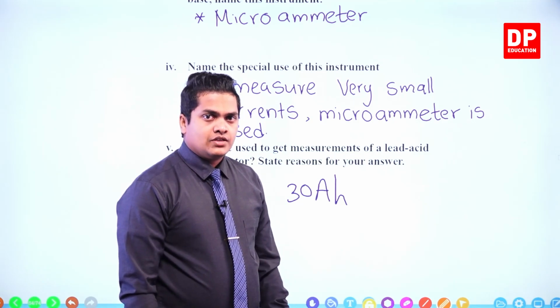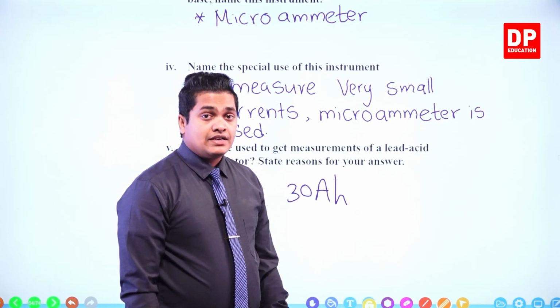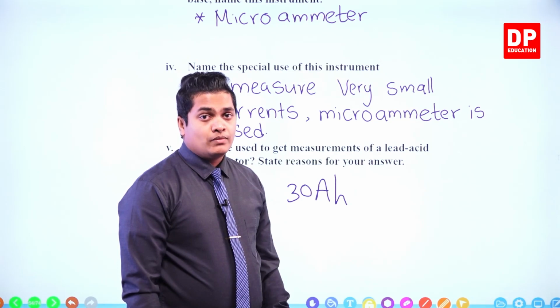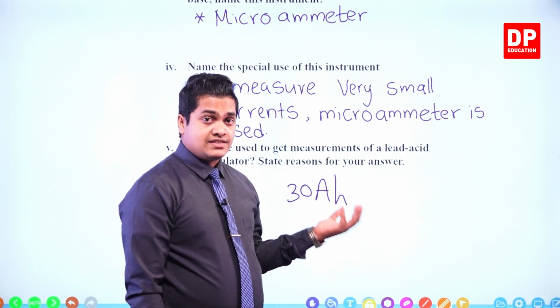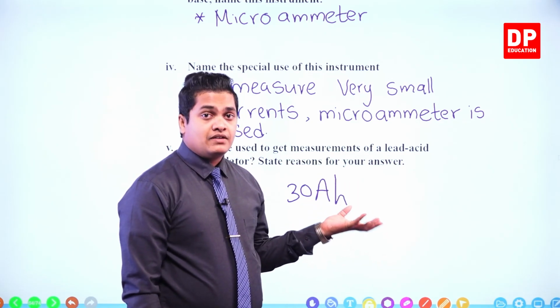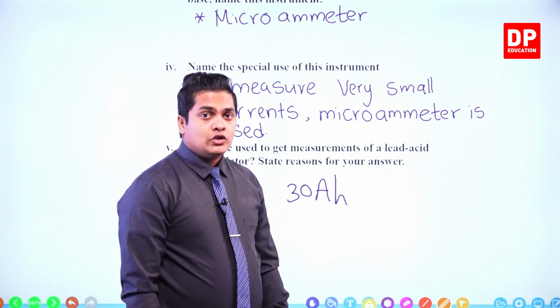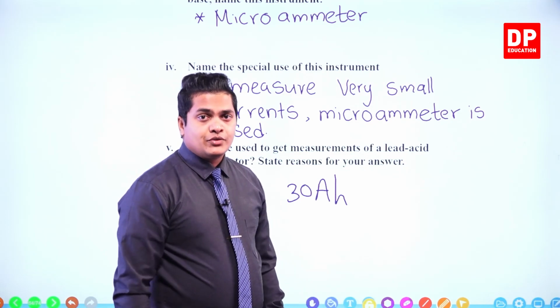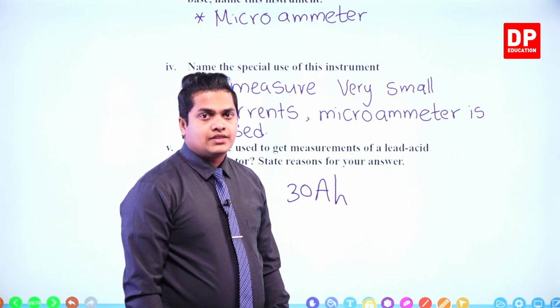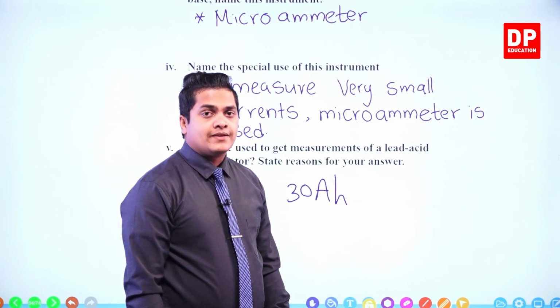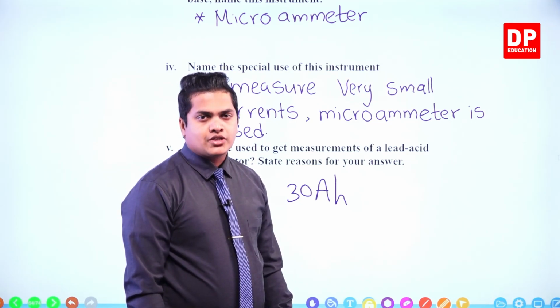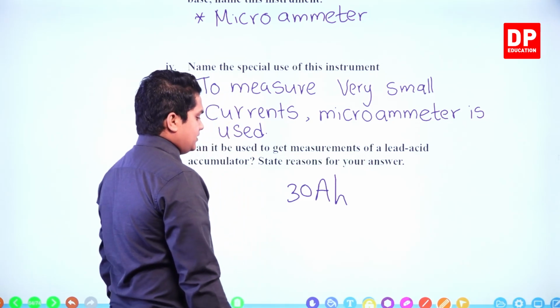So usually the capacity is mentioned in lead acid accumulators using ampere hours, like 30 ampere hours, 60 ampere hours, 80 ampere hours and so on. So it's difficult to use a microammeter when you are taking measurements related to lead acid accumulators, because the microampere scale is not sensitive to large currents, right?